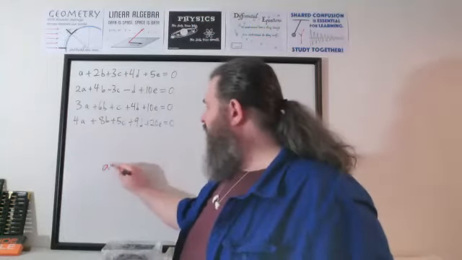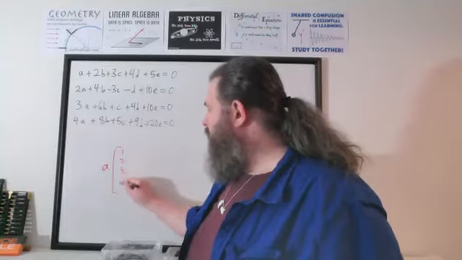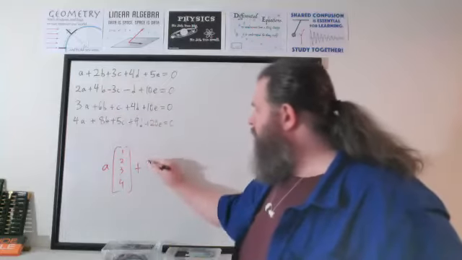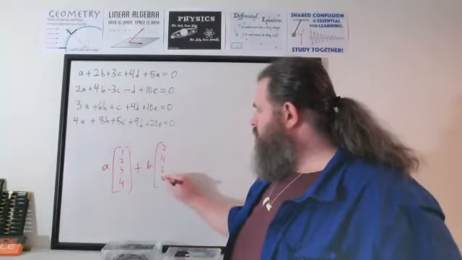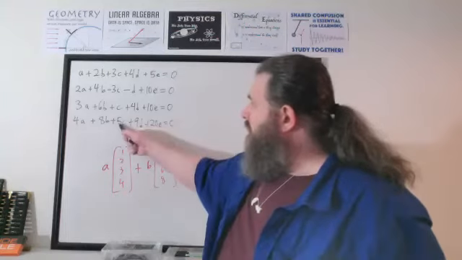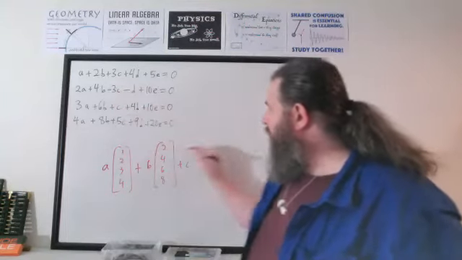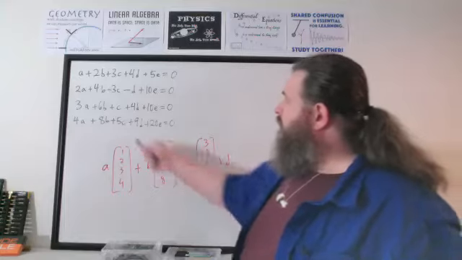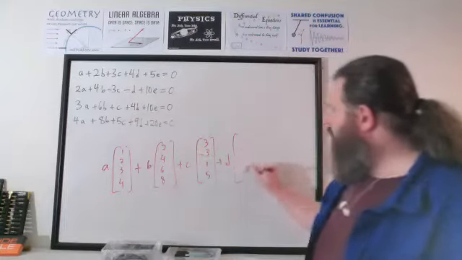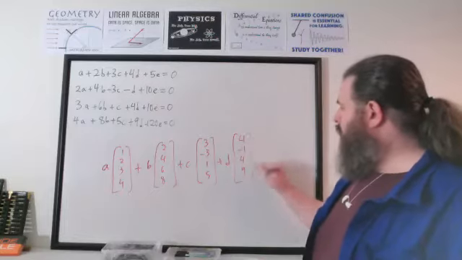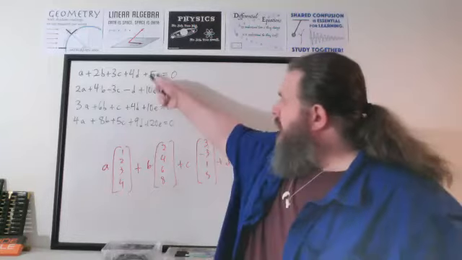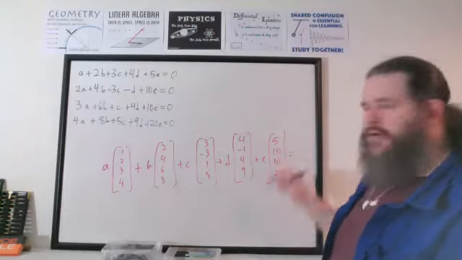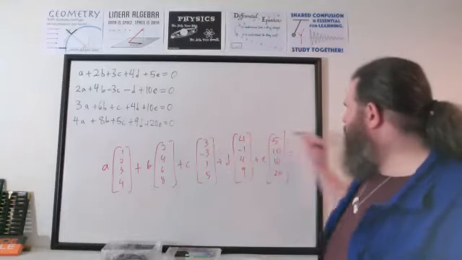So we could think of this as A times the entire 4x1 vector 1, 2, 3, 4, plus B multiplied by the vector 2, 4, 6, 8, plus C multiplied by the vector 3, negative 3, 1, 5, plus D multiplied by the vector 4, negative 1, 4, 9, plus E multiplied by the vector 5, 10, 10, 20. And all those would have to add up to the vector 0, 0, 0, 0.